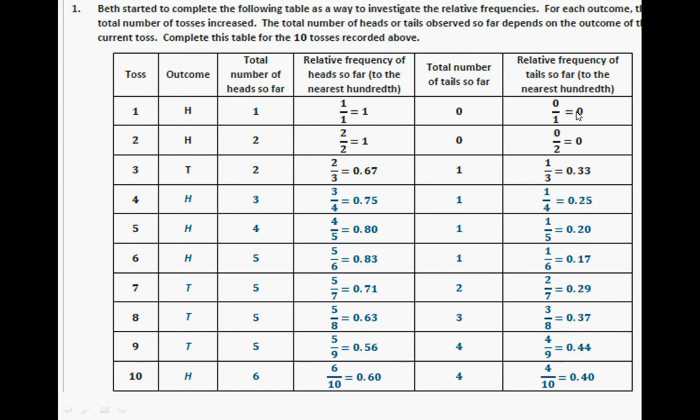So you have no tails, so therefore no relative frequency. Then when you get 1 tail, it's 1 out of 3. Notice how that is the difference. If we added 67 hundredths and 33 hundredths, we would get a total of 1. So as this is going up, this continues to go down, and vice versa. Notice that 60 hundredths at the end added to 40 hundredths would give us a total of 1.